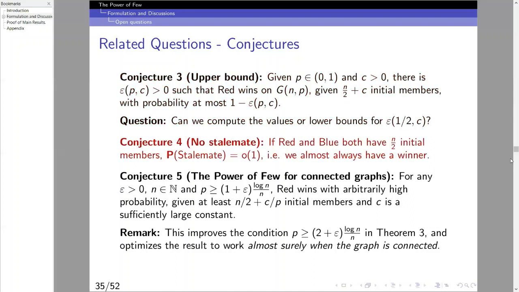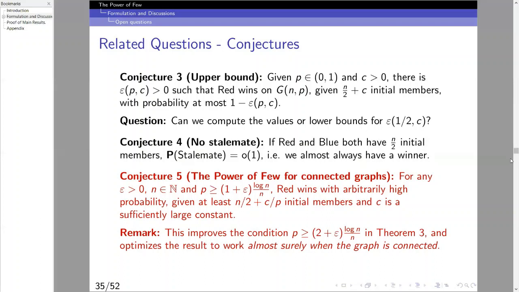The second one is whether the probability that there's a stalemate tends to 0 when the initial state is balanced. It seems easy to prove, but we haven't thought about it very seriously. And then the third one is to improve the number 2 in our theorem for random sparse graphs.